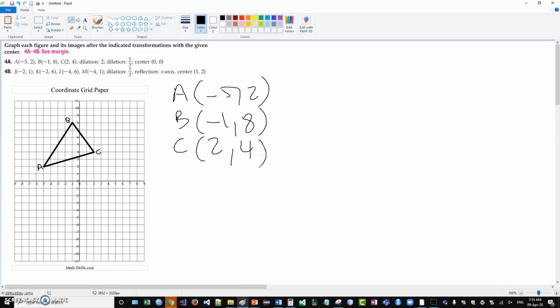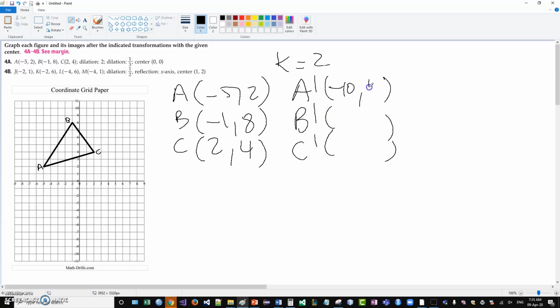Now, for k equals 2, we multiply everything by 2: (-10, 4), (-2, 16), and then (4, 8). And then another dilation, k equals 1.5.